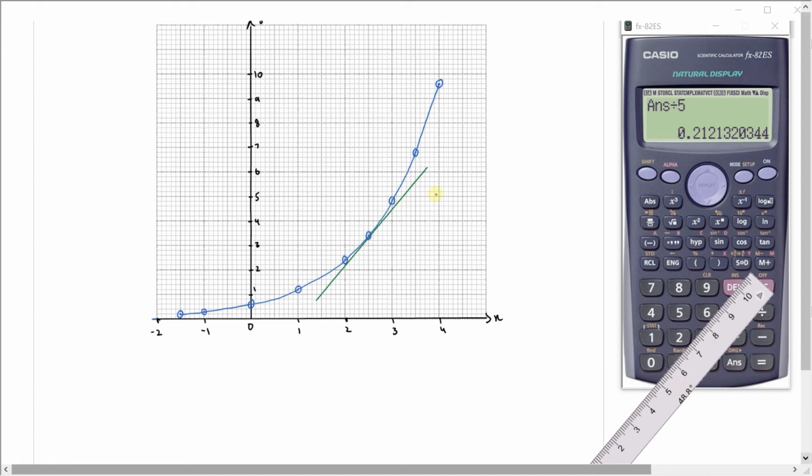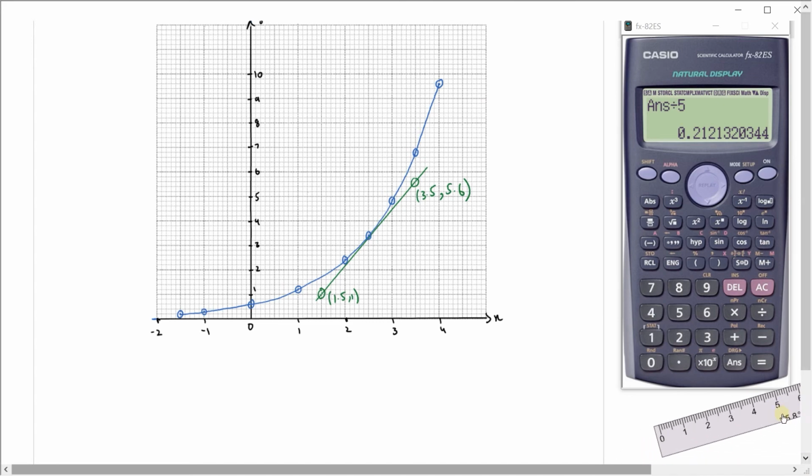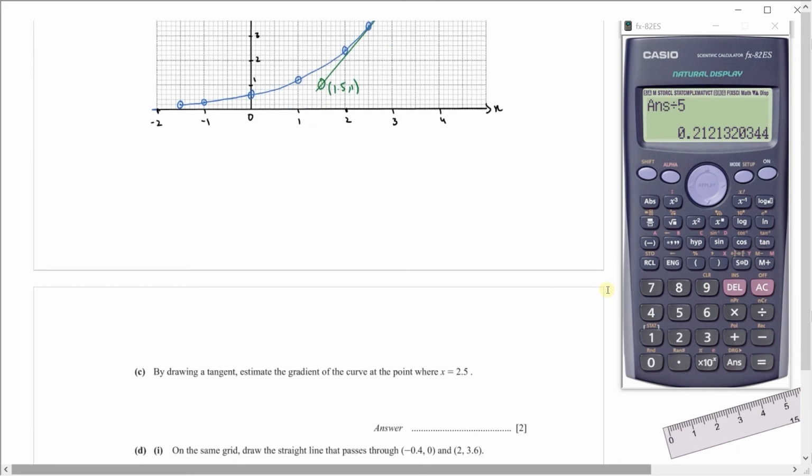Now we can take any 2 points on this line to calculate the gradient of this curve at x equals 2.5. So let's take this point here, which is on the x-axis 1.5 and on the y-axis it's 1. And then let's take this point here, which is 3.5 on the x-axis, and on the y-axis it's 5.6.